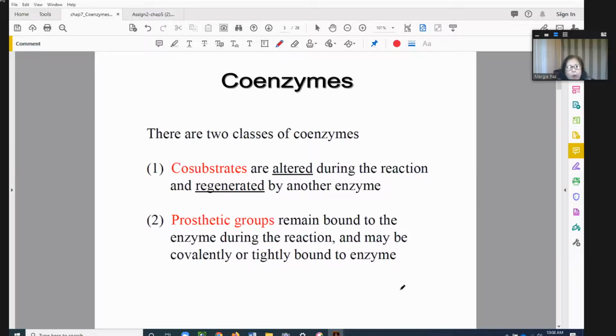Another group of cofactors are coenzymes, and coenzymes act as group transfer reagents.